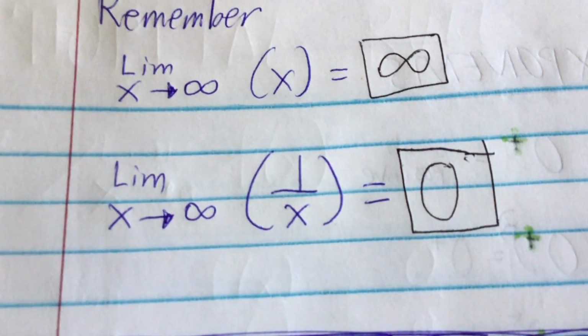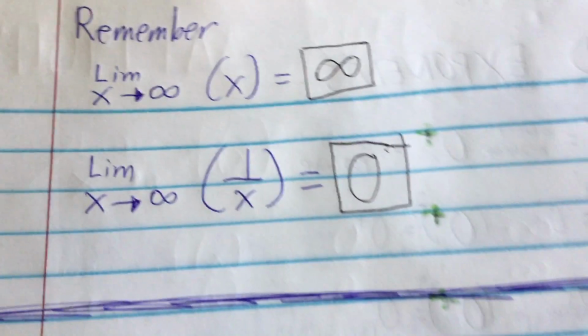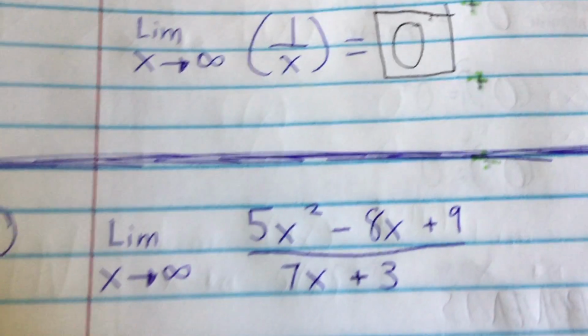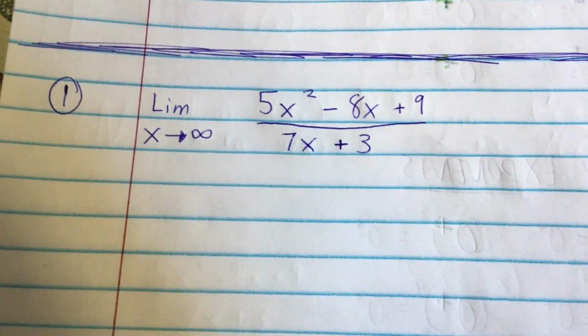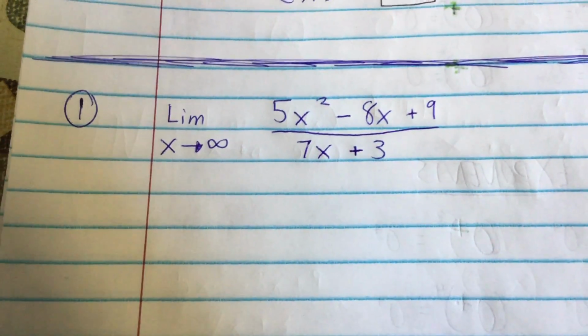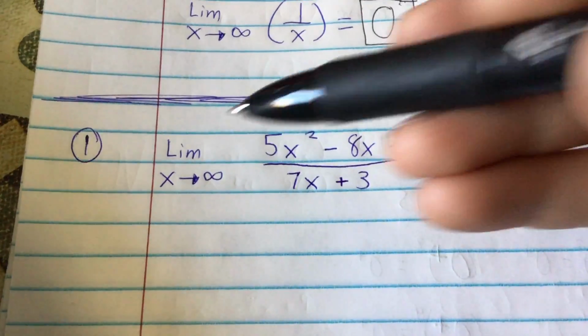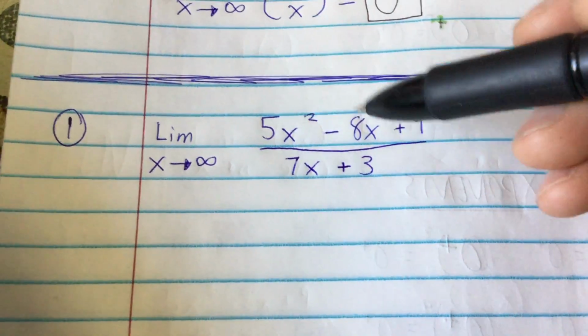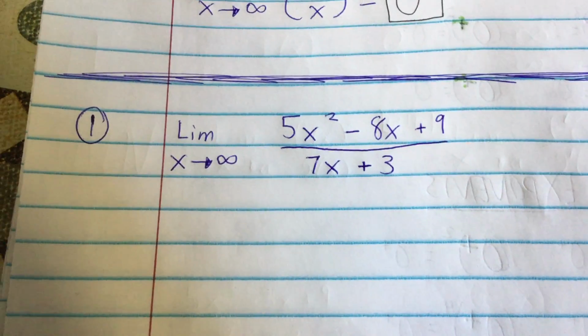Okay? So let's use these principles and let's do 3 problems in 2 ways. So for instance, this is a bit ridiculous. The limit as x approaches infinity for 5x squared minus 8x plus 9 over 7x plus 3.